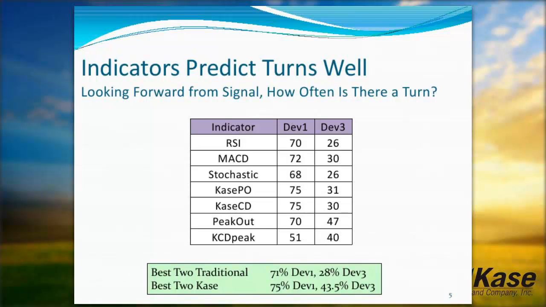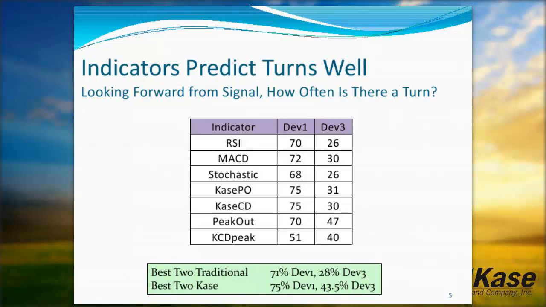So what this is really telling us is that whenever you have a momentum signal, like a divergence or a peak out, an overbought, oversold signal, they're good to indicate that a statistically significant turn is about to take place, at least a 1 standard deviation move, which is big enough that generally speaking, most traders will want to be out of their trade or at least have taken some profit off the table.